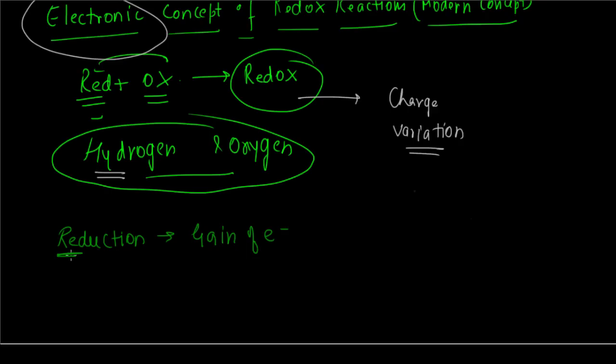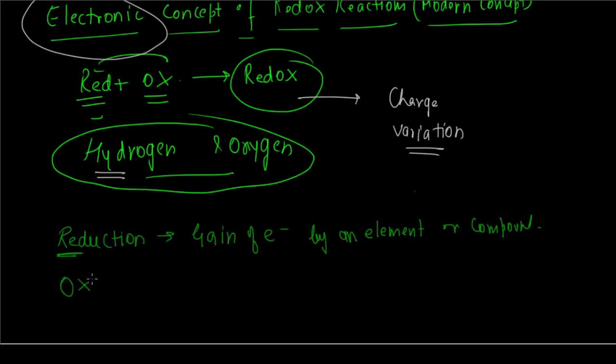You'll realize why we call it reduction in just a minute. Reduction means gain of electrons. So reduction was defined as gain of electrons by an element or compound. Clear? So this is how we defined reduction.